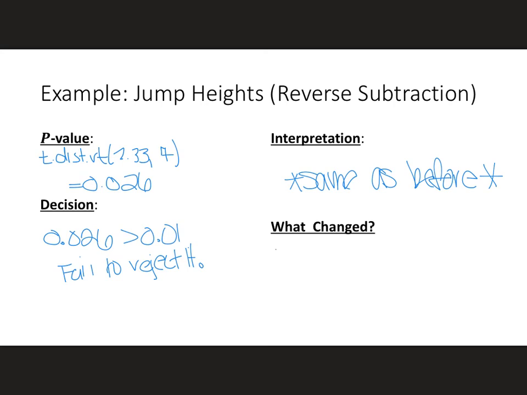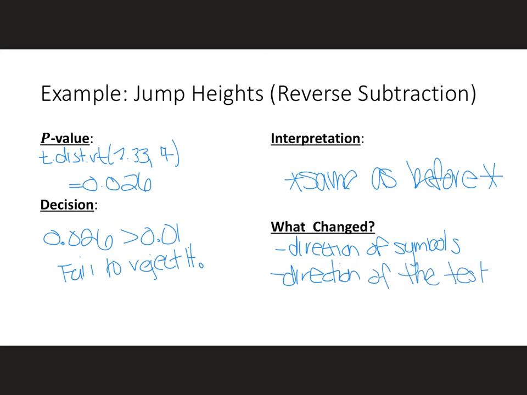The direction of the symbols in our hypothesis, the direction of the test, the sign of the test statistic. So I'm going to put the t and our p-value formula. Those were the changes we saw, but we ended up at the same answer.